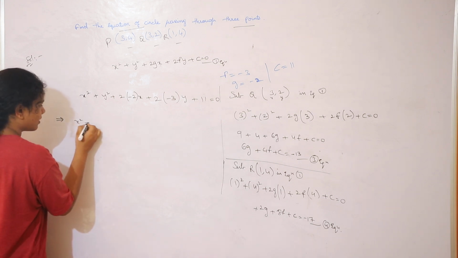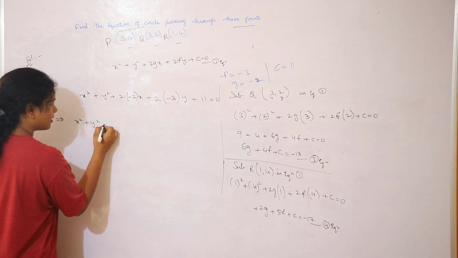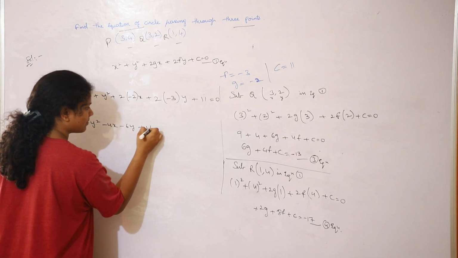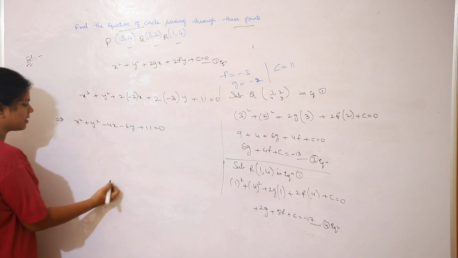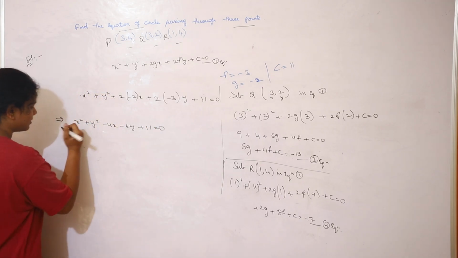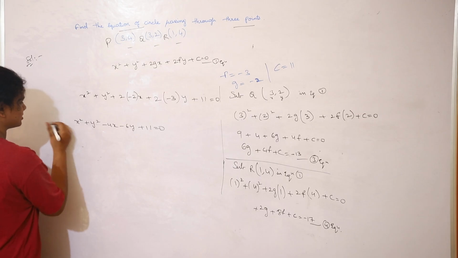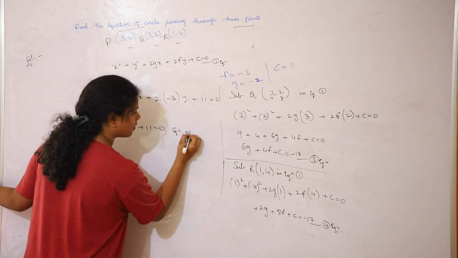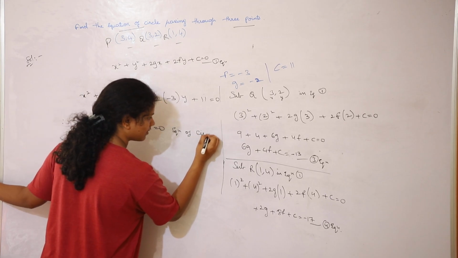It's x square plus y square minus 4x minus 6y plus 11 equals 0. Therefore, this is the equation of the circle.